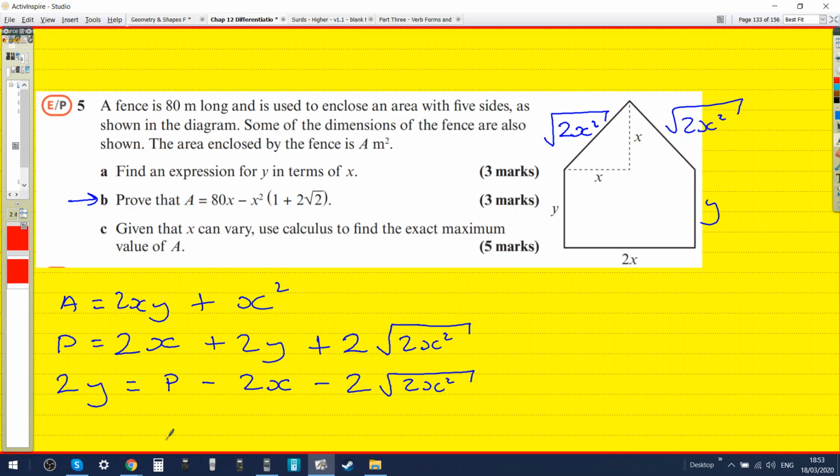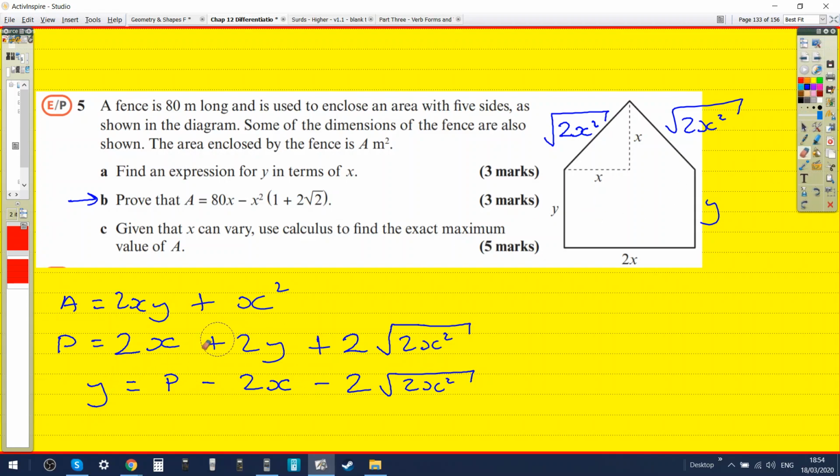So that's 2y equals. Oh, divide by 2. So y equals p over 2, minus x minus root 2x squared. Yes, that is y in terms of x and p.